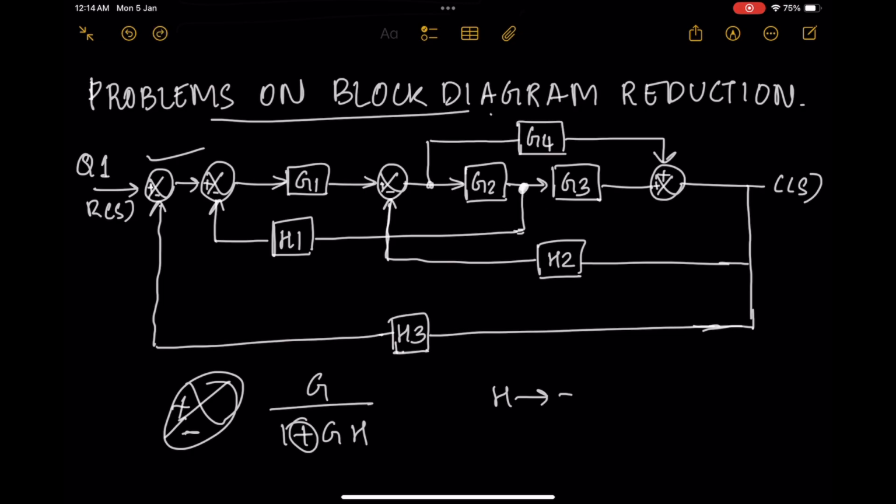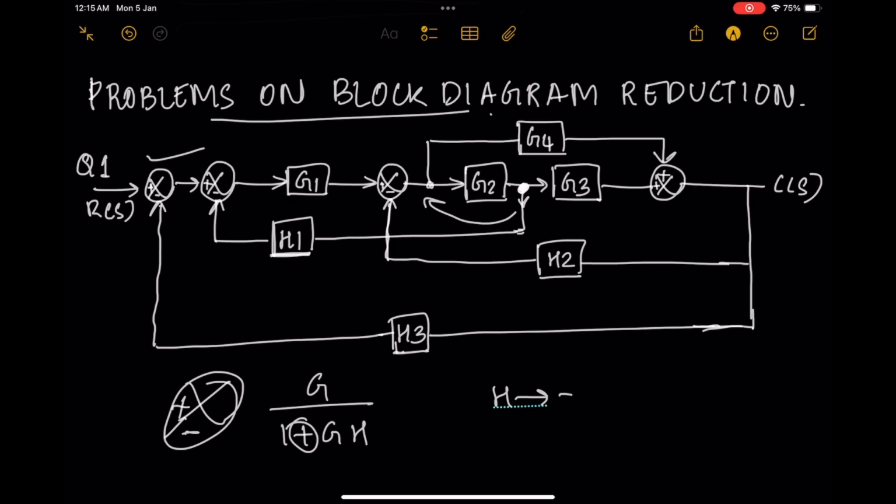Then I have another option. I can move this takeoff point to the other side. Here I'll just have to move it ahead of a block, so I'm going to choose that option. I'm going to move that particular takeoff point ahead of that block. I'll take this point and I'm going to take it here. If I take it here, I'll have to divide this equation by G2.